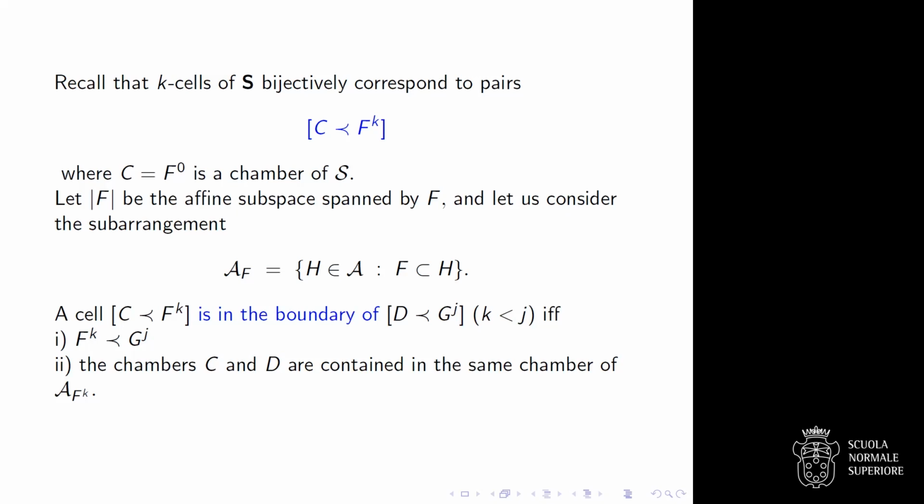So which are the chambers in the same chamber of this new arrangement? It means the same side with respect to this line, 1, 2, and 3. This one is the only one having this as a facet. So we have C0. But this also tells us what we have for F13, which is the chamber on the same side of C0, having now F13 as a wall, C4.